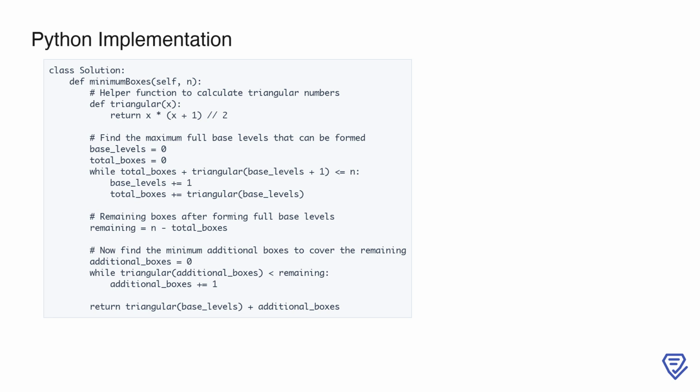This ensures we are forming the smallest possible partial level to use up the boxes efficiently. Finally, the result is the sum of the boxes used in the full base levels and the additional boxes required to cover the remaining boxes. The function returns this total as the minimum number of boxes needed to form the pyramid structure with n boxes.